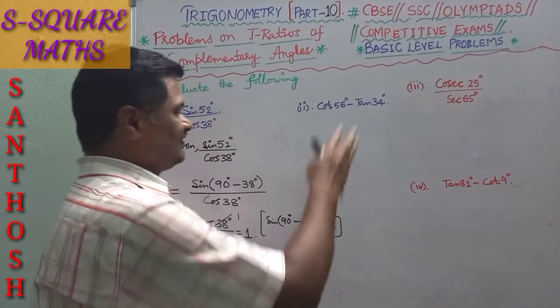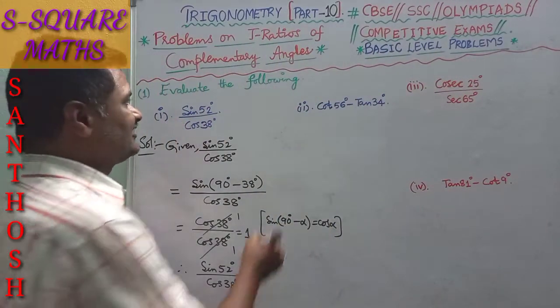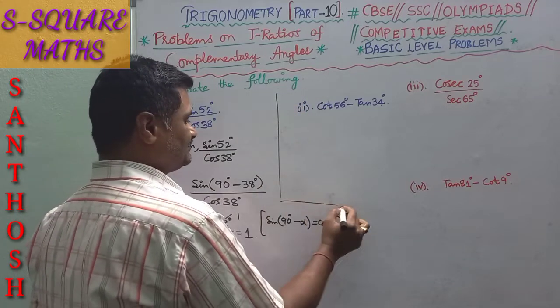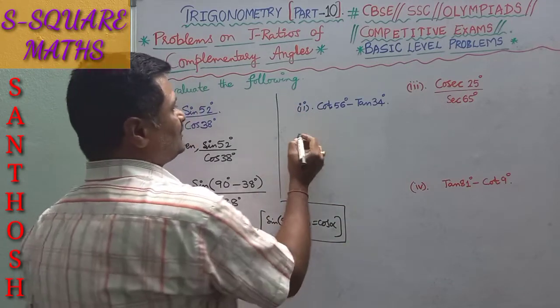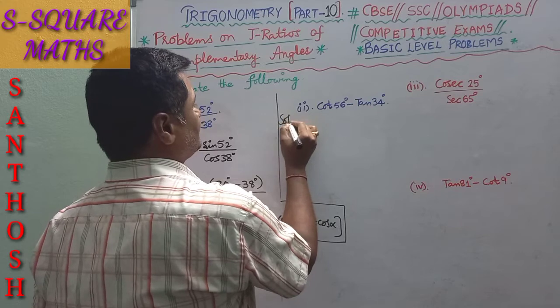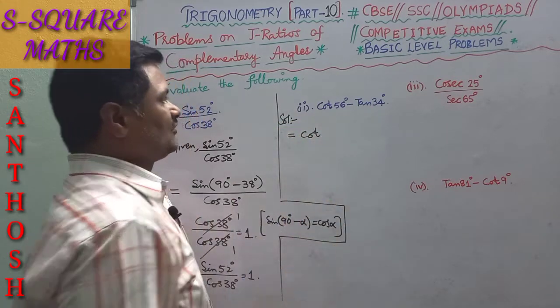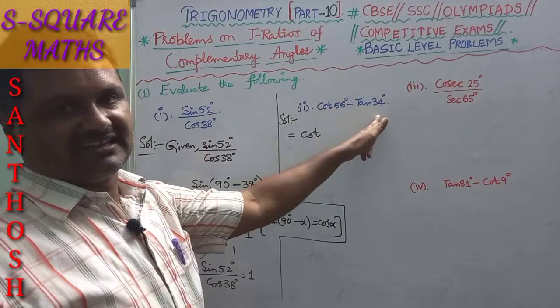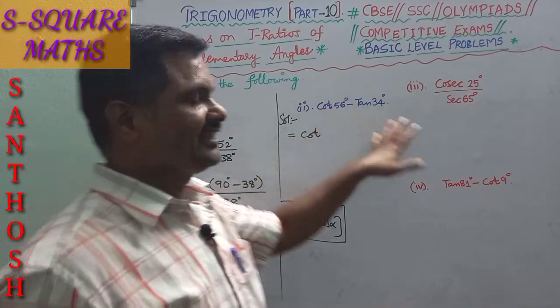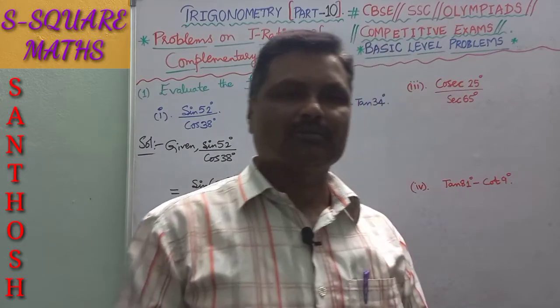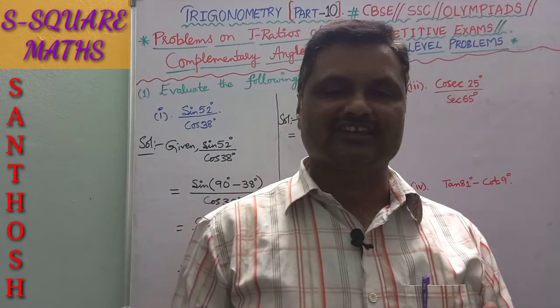Next, in the same way, we are going to do the remaining ones. Please listen carefully. I can write here cot 56 degrees minus tan 34 degrees. There are 2 terms here, first and second. Cot theta and tan theta are nothing but the T ratios of complementary angles with respect to each other.